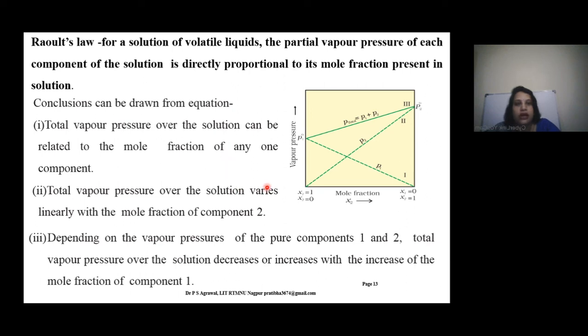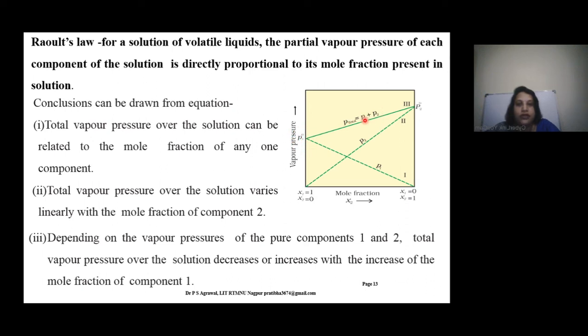When we plot the graph of vapor pressure against the mole fraction for an ideal solution, we are considering the situation when the solution is ideal, when A and B, or components 1 and 2, are behaving ideally. In that case, this is 100% first, 100% second. This is P1⁰.